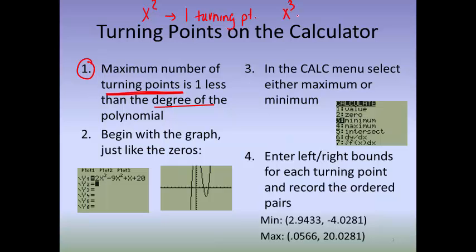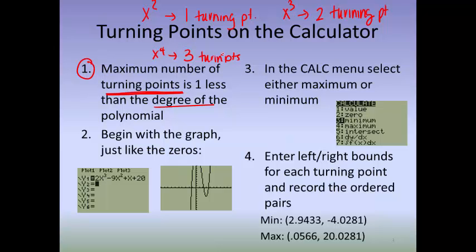If I have an x cubed, I can only have a maximum of 2 turning points. This doesn't mean I must have 2, but it's the maximum number that I could have. If I have an x to the 4th, the most I could have is 3 turning points, and so on. So it's one less than the degree.